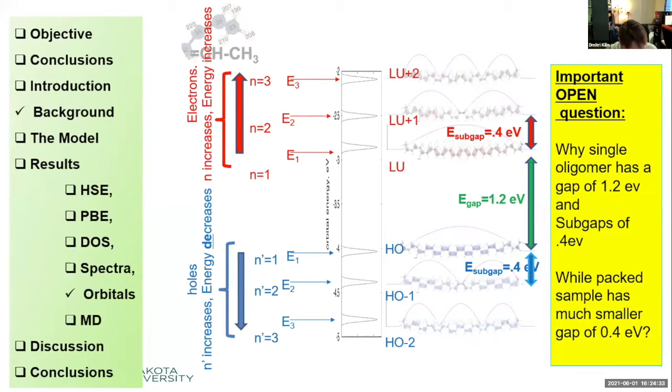Okay. This one actually showed the inner orbital energy of the single oligomer. So we compute this one, and after that we are able to explain that this perfectly shows the particle in a box shapes.